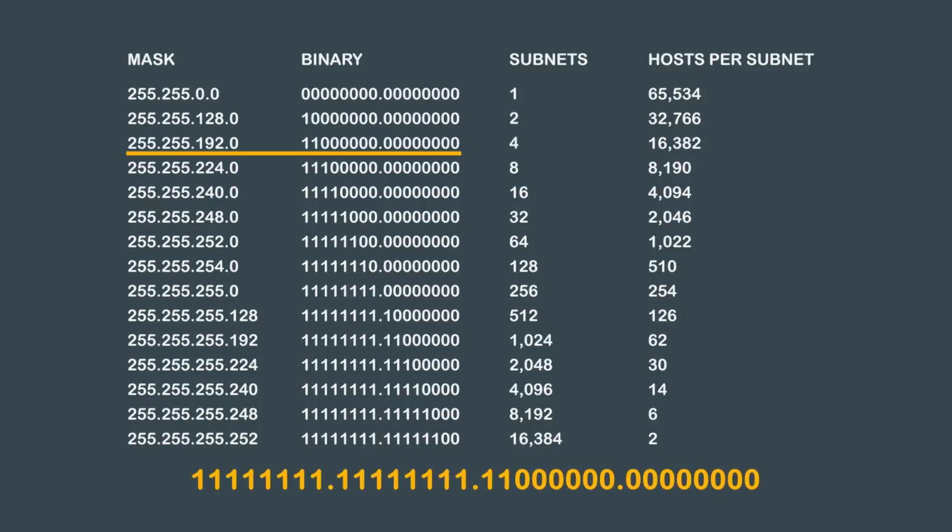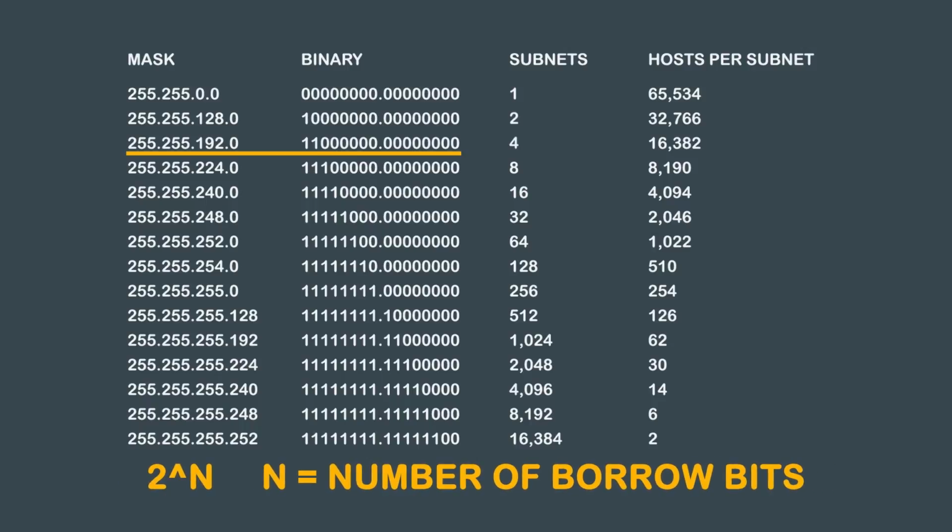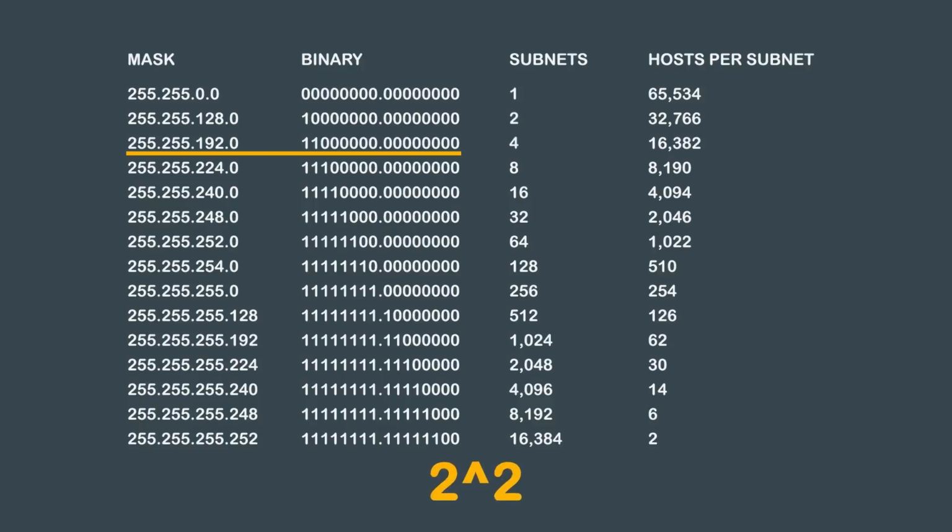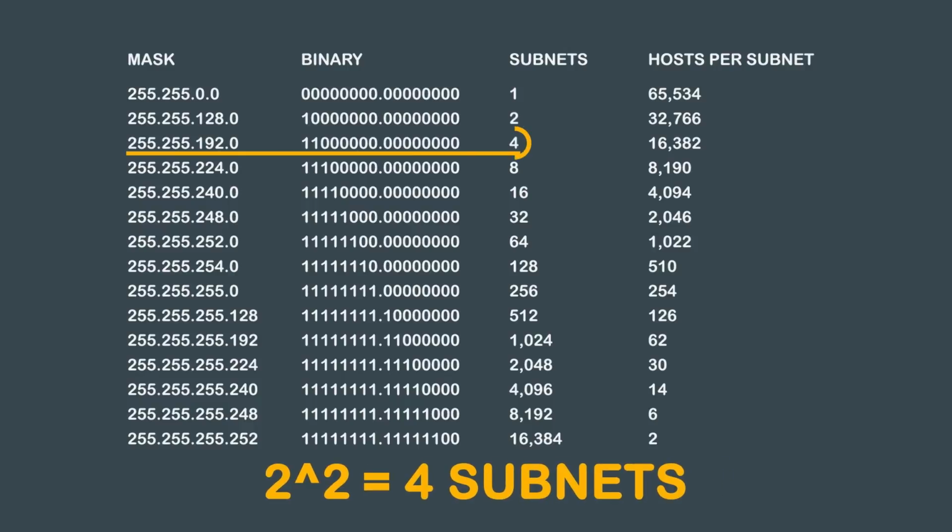Translated in binary, we get all ones, 11 followed by all zeros, and all zeros. As you can see, we are borrowing 2 bits from the original default Class B subnet mask. Using our 2 to the power of n formula, where n equals the number of borrowed bits, we get 2 to the power of 2. So our answer to question 1 is 2 to the power of 2 equals 4 subnets.